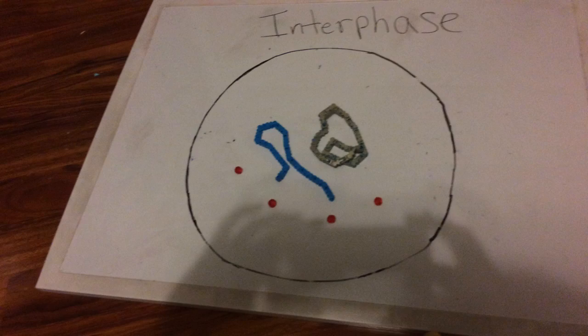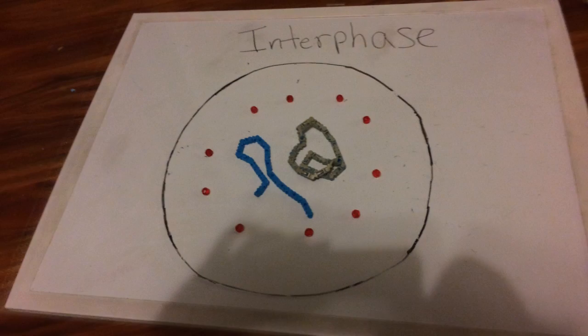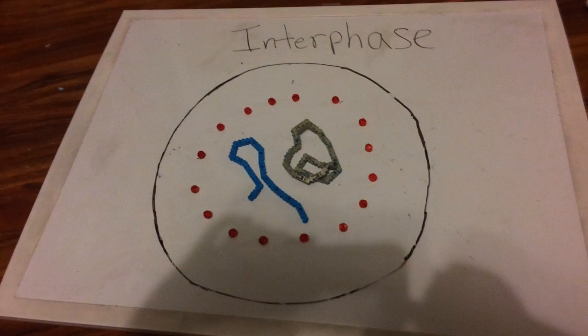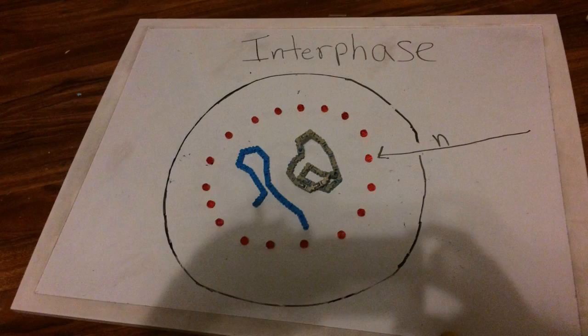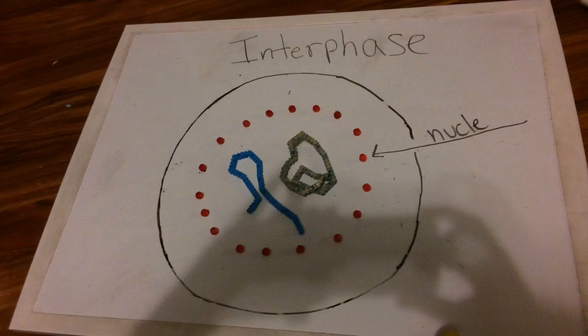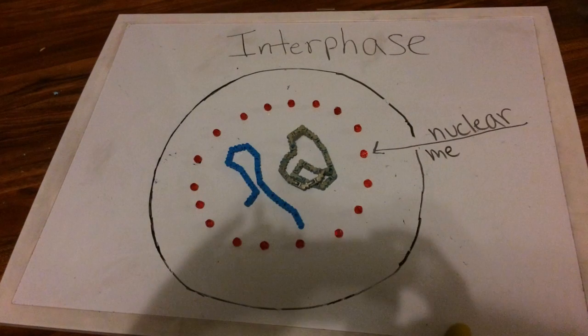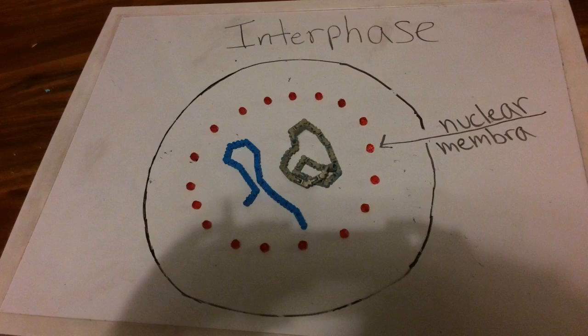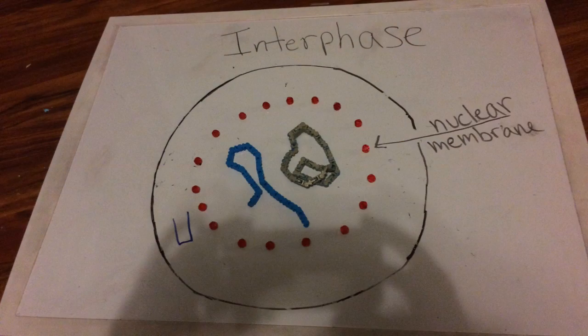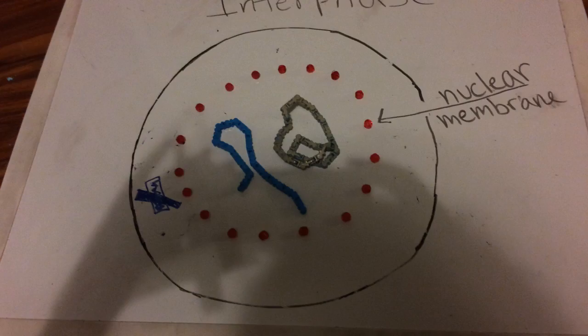The nuclear membrane encloses the chromosome-containing nucleus. The centrosomes are put in place by the end of interphase.